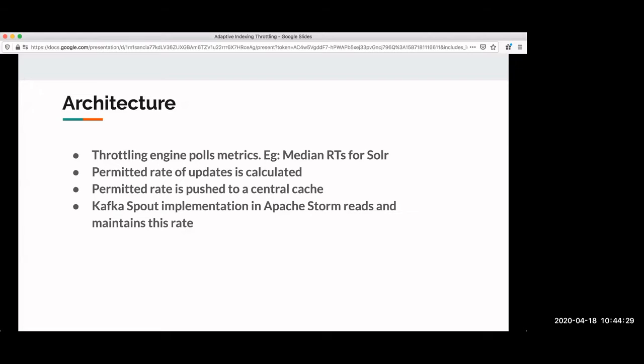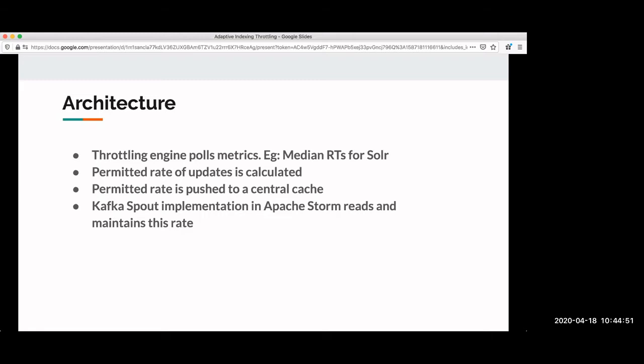Then we push that permitted rate to a central data store, and our indexing pipeline will read that permitted rate from the cache and enforce it while making the updates.